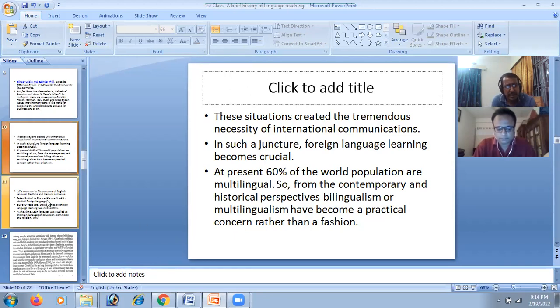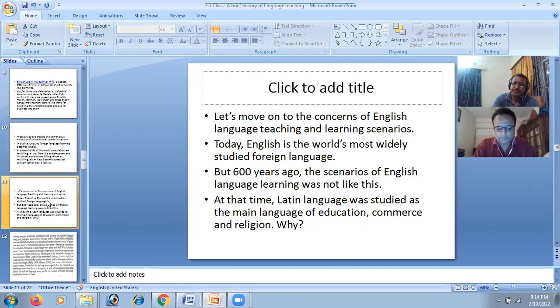So what happened? Next, we have seen the teaching of the English language and how it came to its present shape. That means English language teaching in the 21st century. And today, English is the world's most widely studied foreign language.